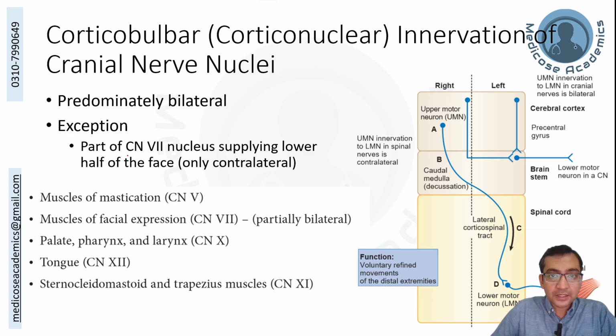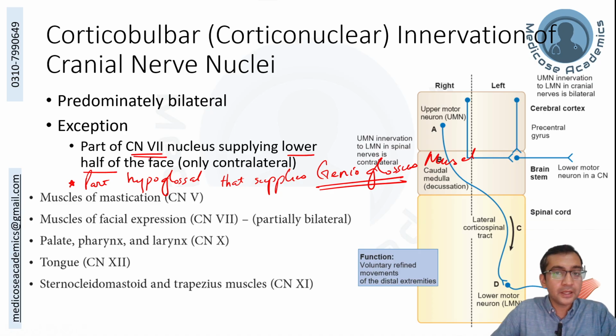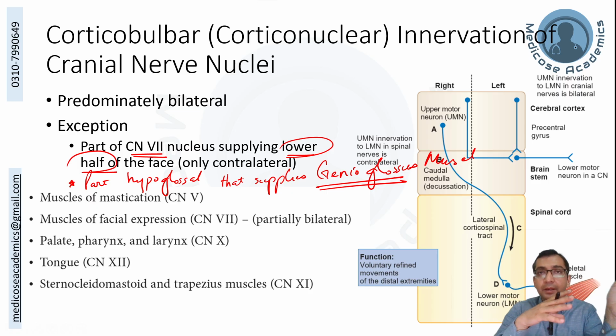So the exception is the part of the facial nerve nucleus that supplies the lower half of the face and the part of hypoglossal nucleus that supplies, please don't mind my language or writing, genioglossus muscle. So these are the two things, the genioglossus supply and the lower half of the face supply. These are the supplies that are maintained by only contralateral cerebral cortex.